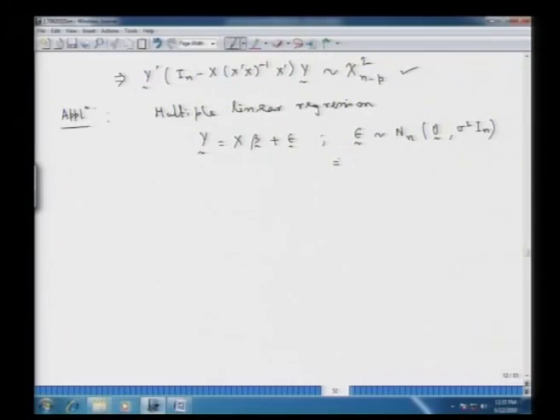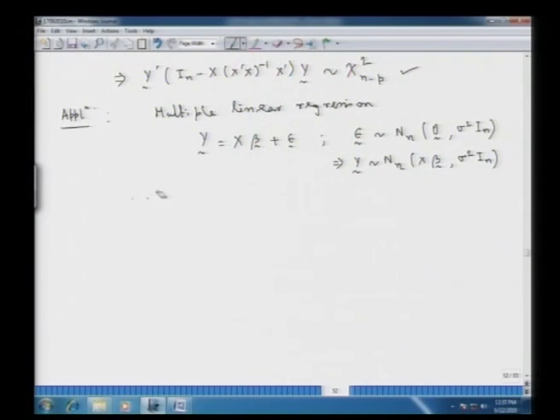So in such a situation, this would imply from the assumption on epsilon that y also follows an n-dimensional multivariate normal distribution with mean vector X beta and covariance matrix sigma square In, right. Now under such a situation, what we usually look at is the residual sum of squares, denoted by RSS, at the point beta hat, the least squares estimator.